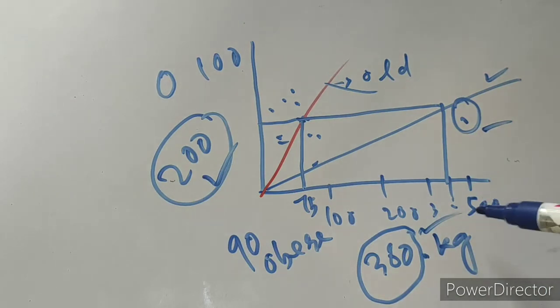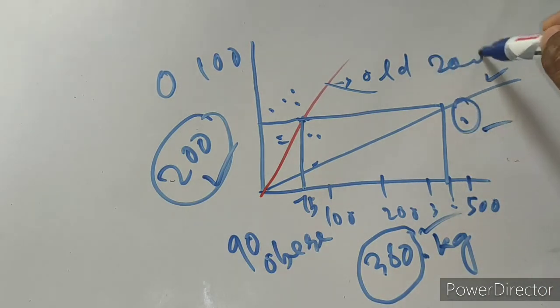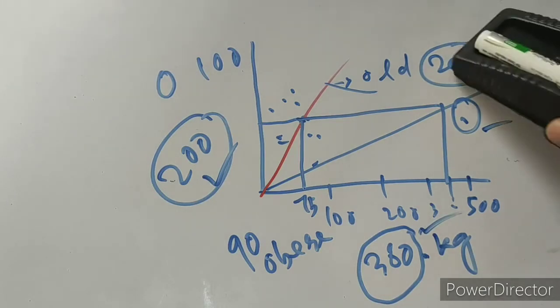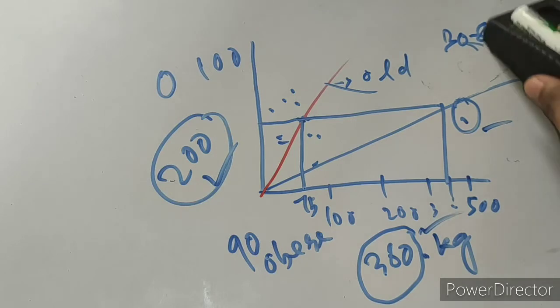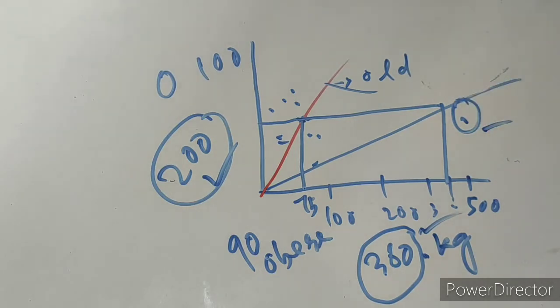Now when this 500 entered, our value turned into something like 380, which is extremely high, so it did not work for our data set. So in this scenario, logistic regression was introduced, in which all the values are between 0 and 1. This 0 to 1 conversion is made by using the sigmoid function.